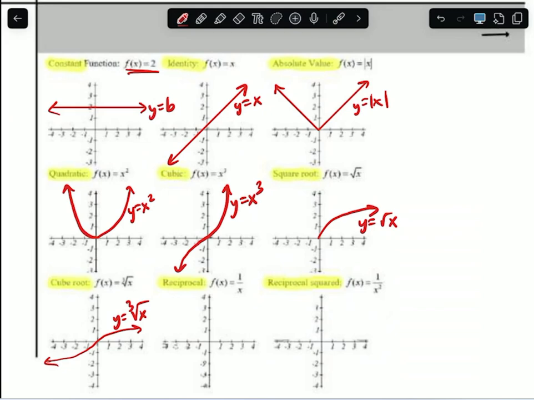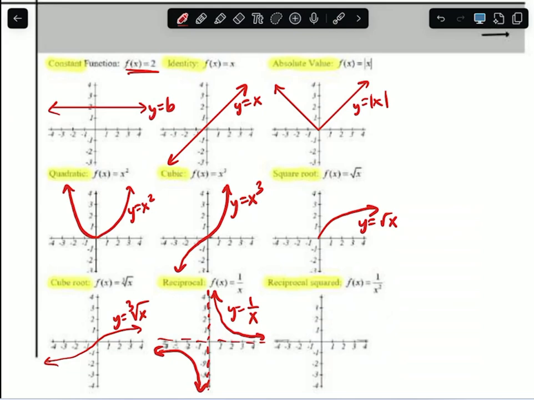A reciprocal function has a vertical asymptote, has a horizontal asymptote. We'll have shifting rules for those later, but just the parent function itself looks like this.